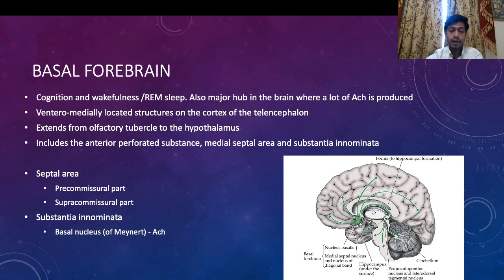And it includes the anterior perforated substance, the medial septal area, and the substantia innominata.